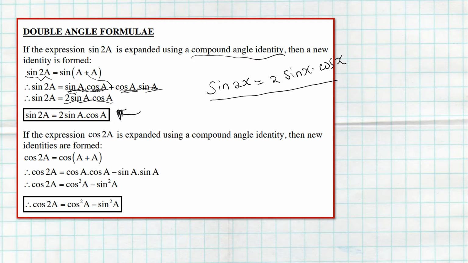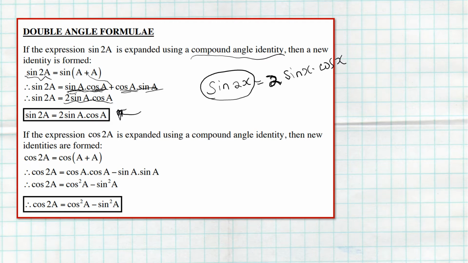So if you have a double angle of sine, you multiply by 2 and divide the angle by 2, then you write sine x cos x.